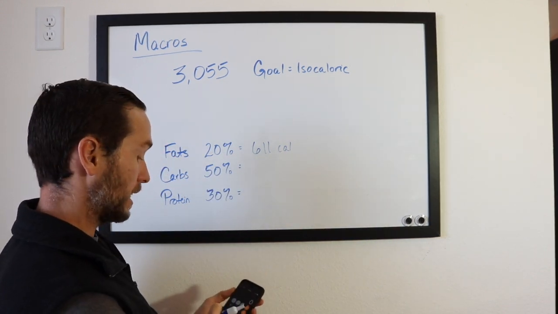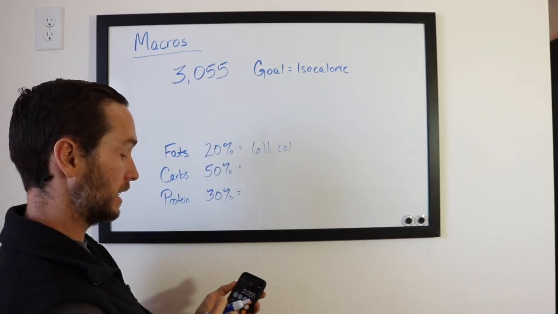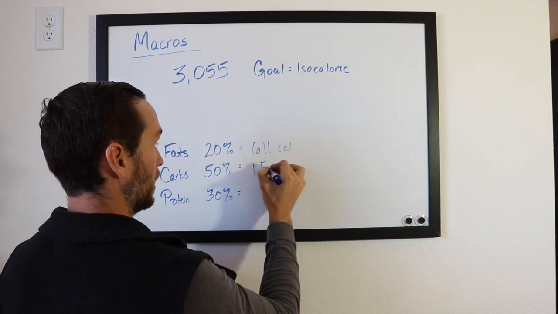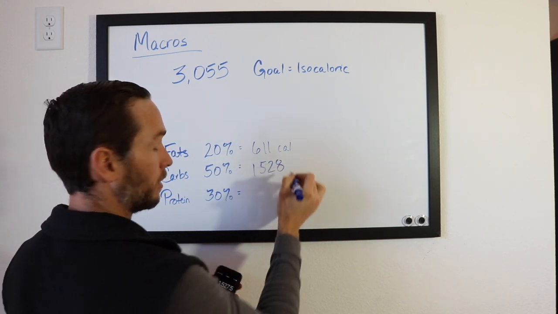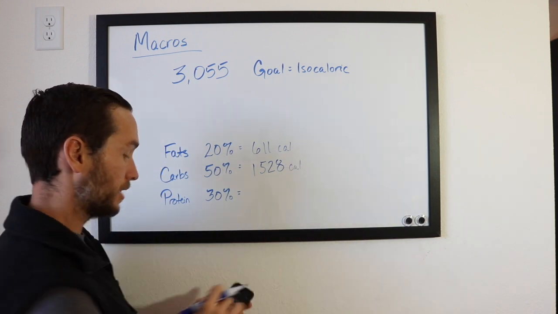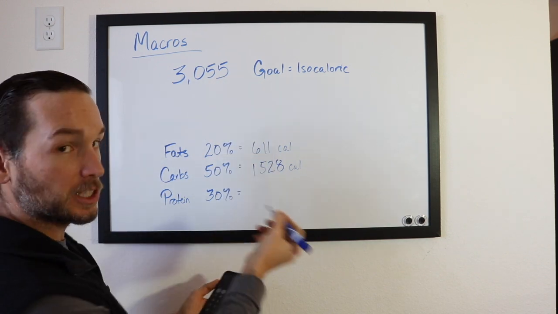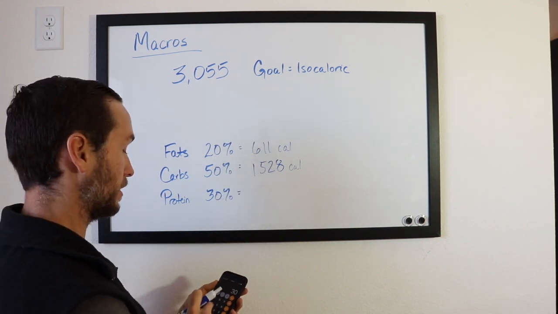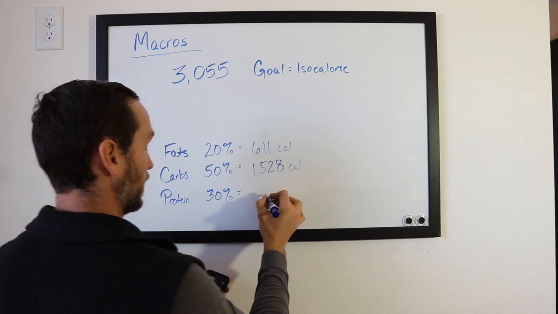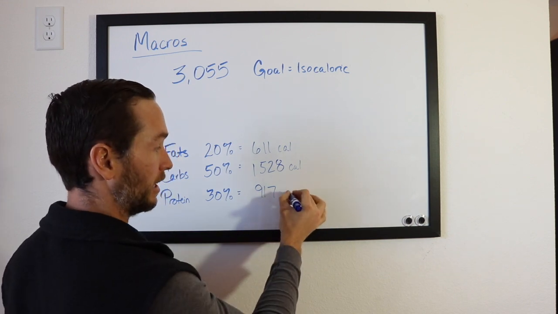If I take that same 3,055 calories and multiply it by 0.5, that gives me 1,528 calories roughly. I always round up on calories of carbohydrate. And if I do 30, it's whatever the leftover is, but I can still just calculate 0.30 and it'll give me the same thing, which is 917 calories roughly, again rounding up here.